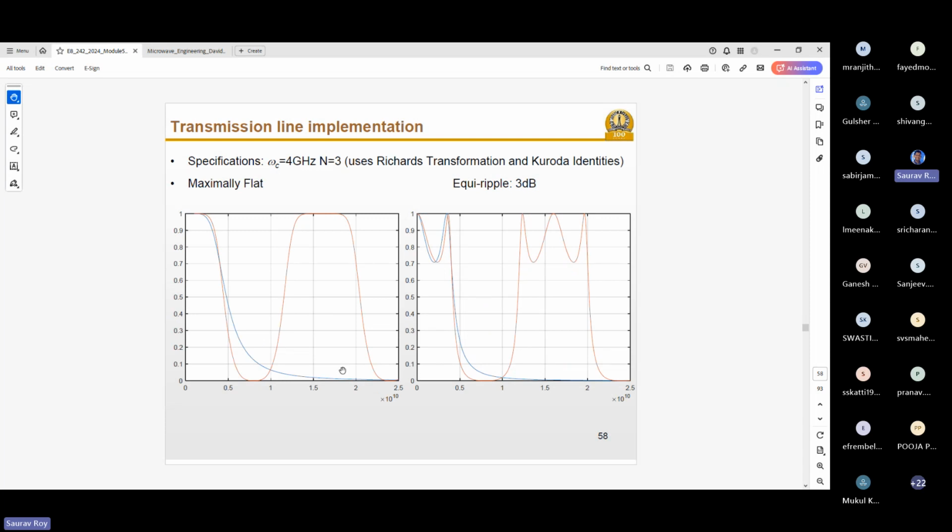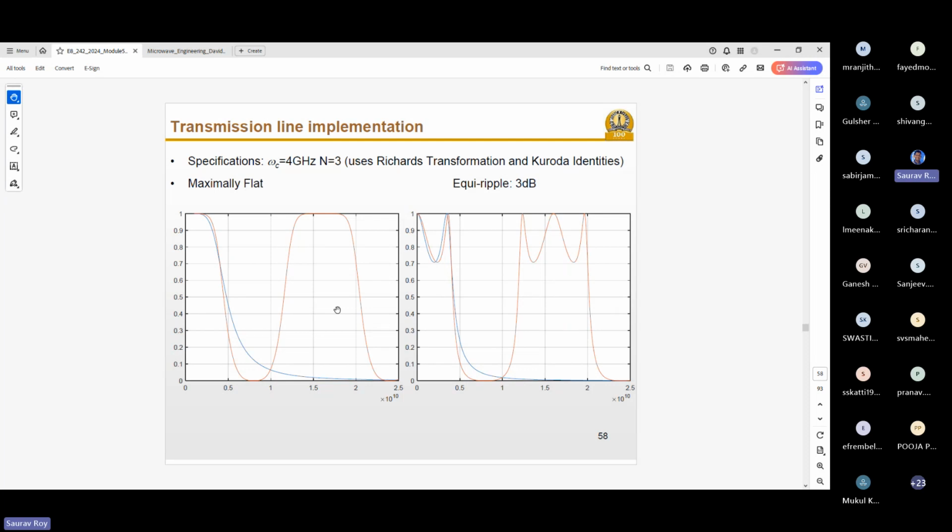And in this one you see there are two plots, and both of them show a red and blue curve. The red one is implemented using Richards and Kuroda with actual microstrip line sections. Although it almost follows the blue circuit, there is a problem that it actually repeats after some frequency.